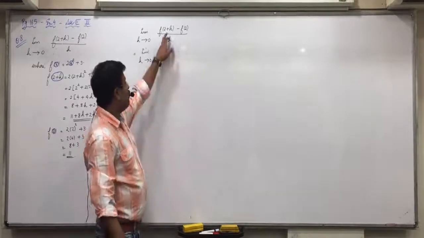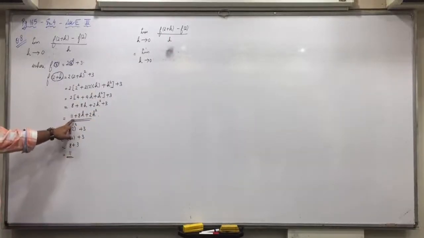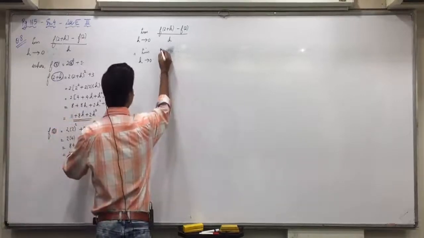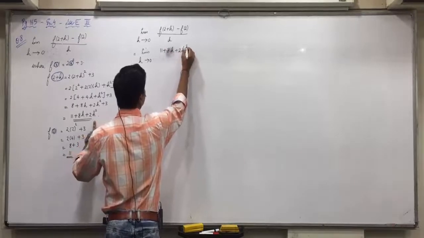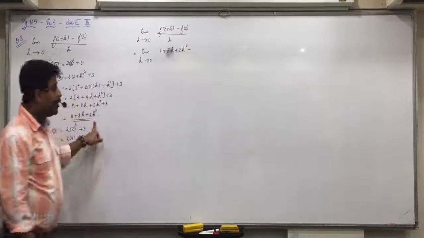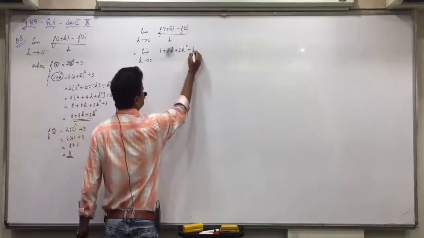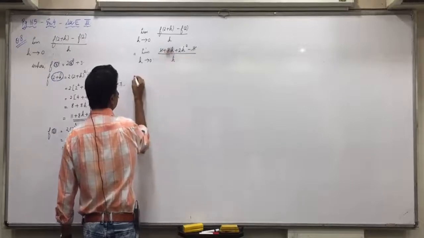Now, in place of f(2 plus h), I'll write 11 plus 8h plus 2h square. Okay? Minus, in place of f(2) I will write simply 11, upon h. 11 minus 11 gets cancelled.